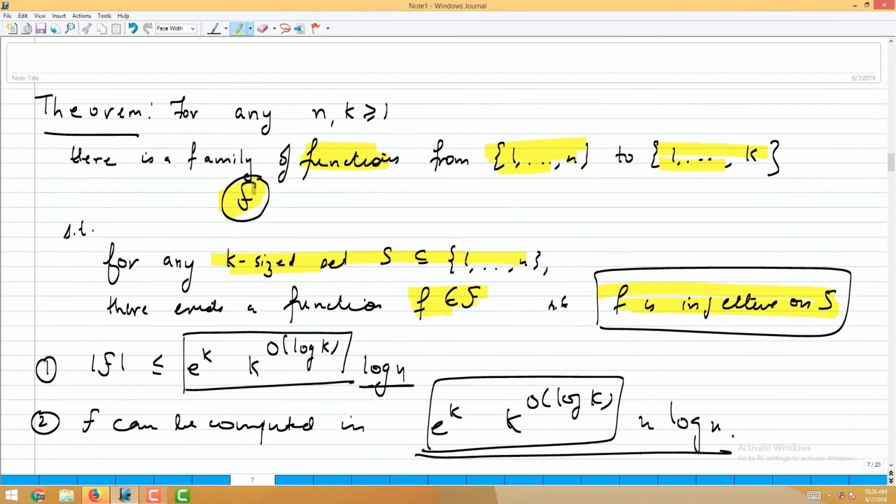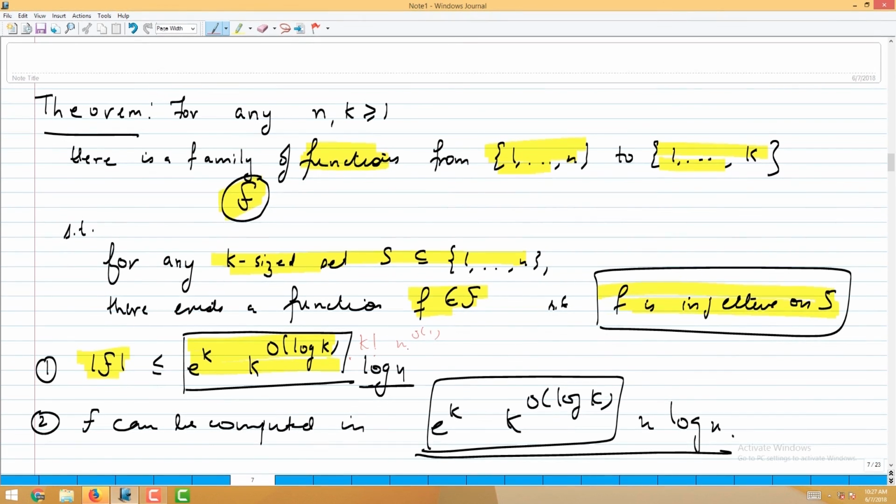And now what will be the running time? The running time will be the number of functions for which we have to run the colorful k-path instance. How many functions are there? That's the size of the family. So it is e to the k into k to the power order log k many times you are running the colorful k-path instance, and each run takes k factorial into k factorial time, into polynomial in n.